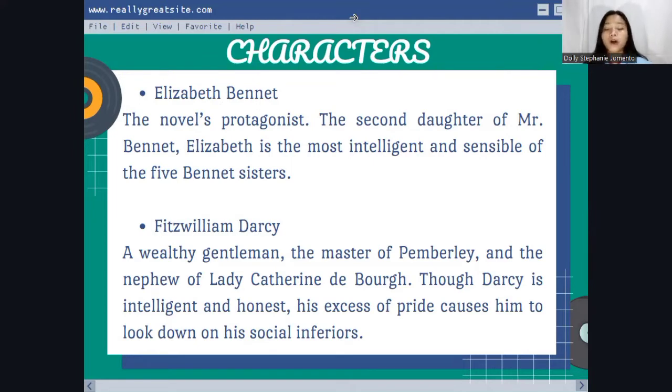So for example, Elizabeth automatically trusts the easygoing and handsome George Wickham, essentially because he's easygoing and handsome. So, ug makita dai kag easygoing and handsome nga tawo diri sa ato, like mo trust di ay dayon ka ingana.